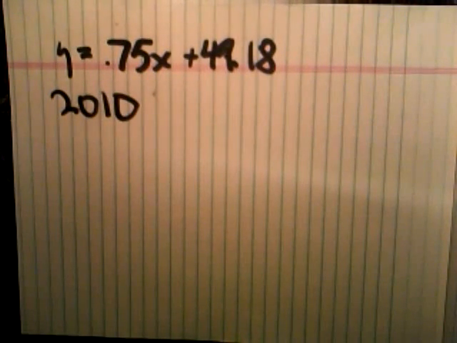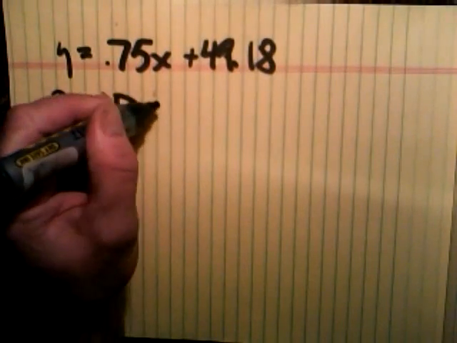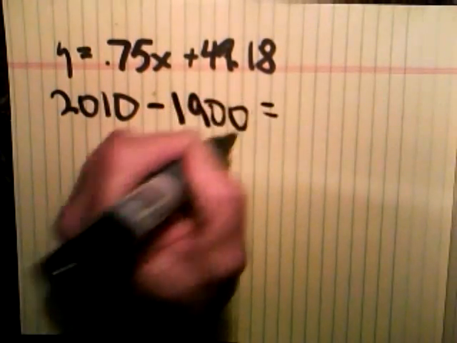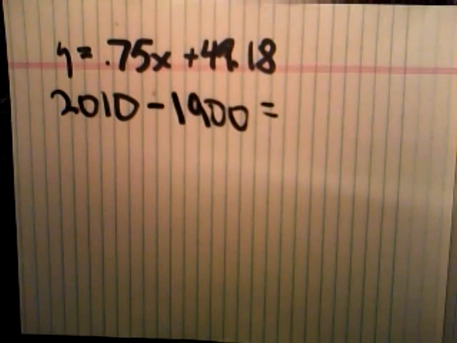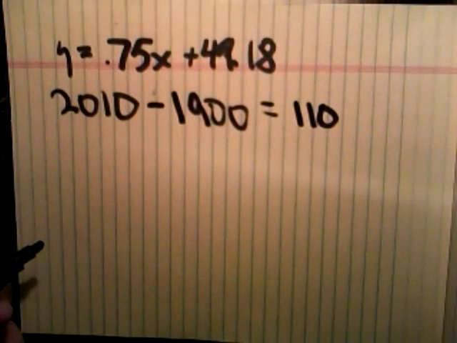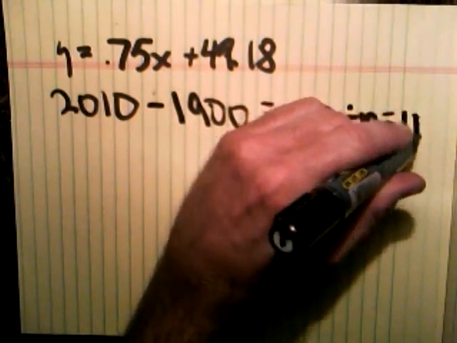Well, x is in number of decades, as I mentioned at the beginning of this problem. So how do you calculate decades? Our starting spot was 1900. So we're going to subtract 1900 here. And that's going to be, what, 110? Is that right? And 110 divided by 10 is equal to 11.